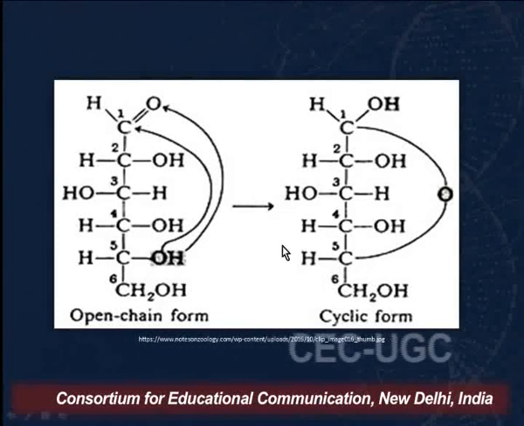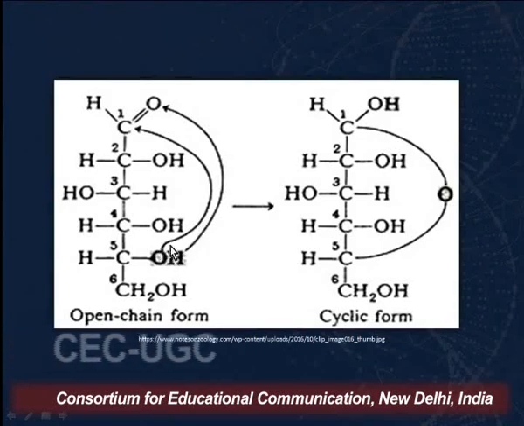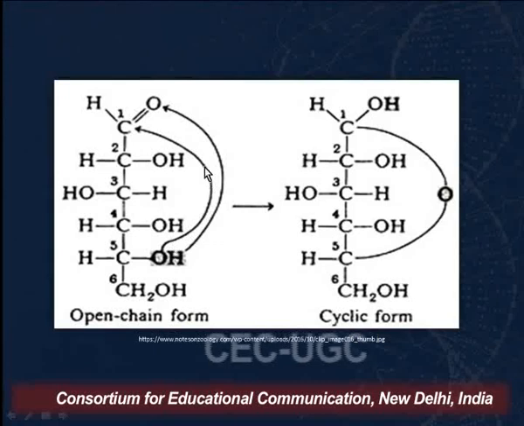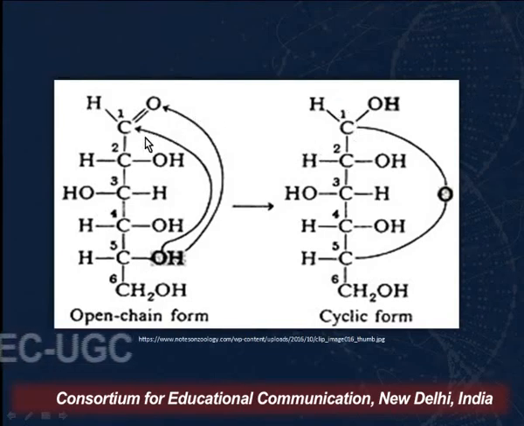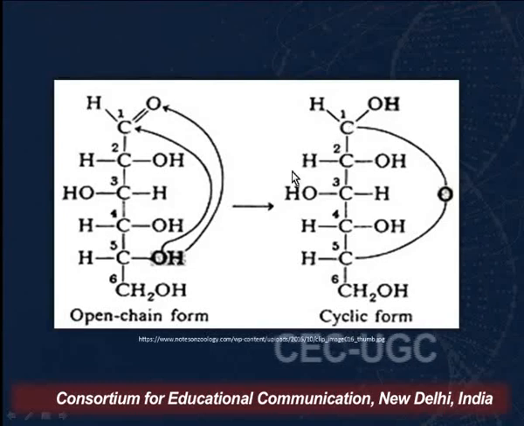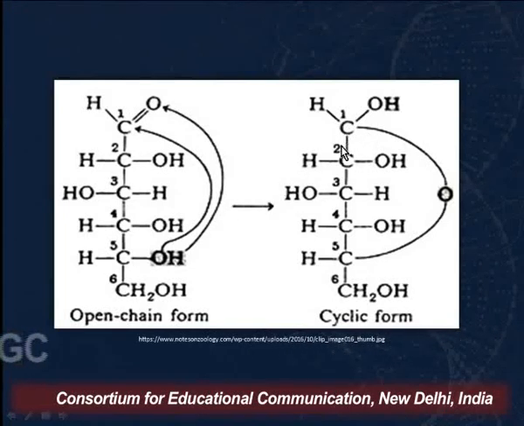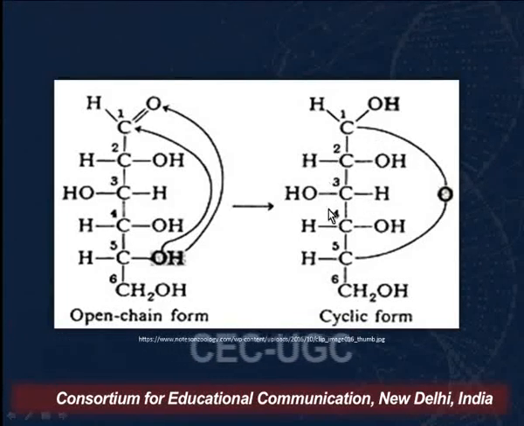As you can see on your screens, here we've shown that a bond is being formed between the oxygen at the fifth carbon and the first carbon, and this proton goes on to the oxygen and this carbon is converted into an asymmetric carbon, resulting in the formation of the cyclic form. And this cyclic form is the representation in Fischer's projection.